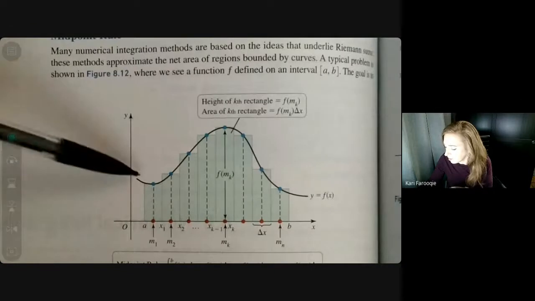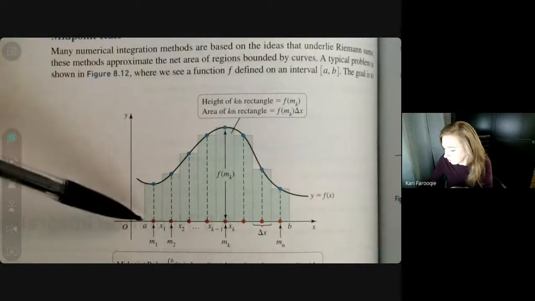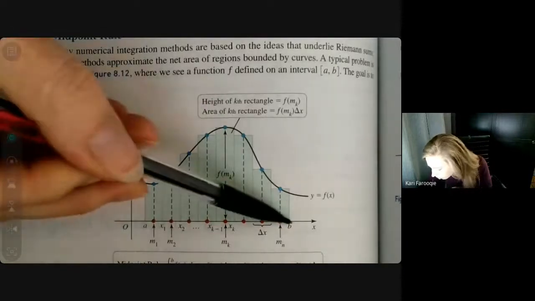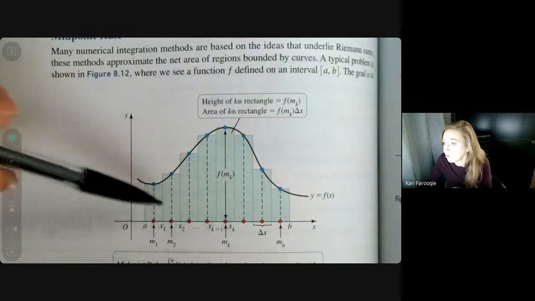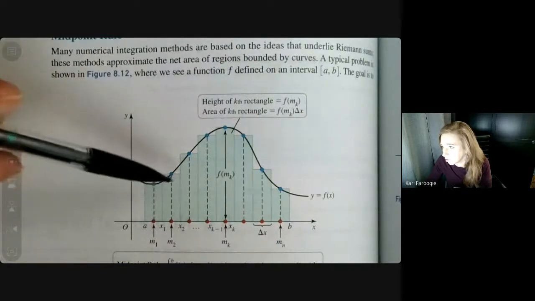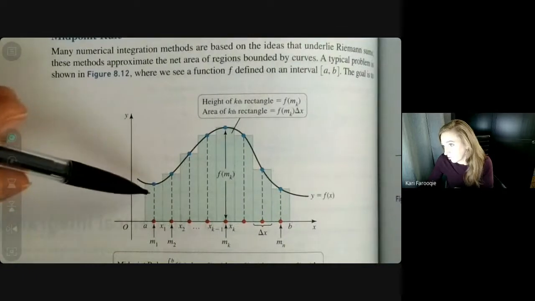So we're looking at the area under a curve when we're integrating from a to b. So starting at your left endpoint a and heading over to your right endpoint b. And what you're doing is you're splitting this up into these n subintervals. Now, n will just be how many rectangles you have in this case.